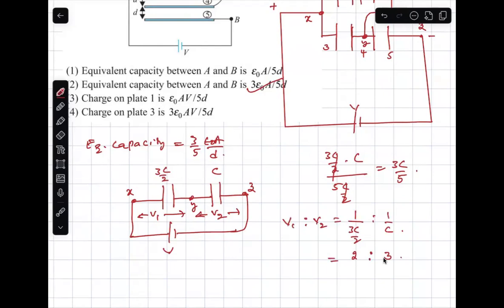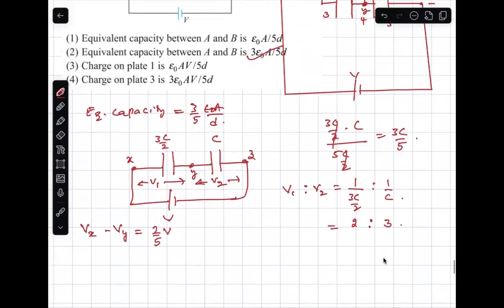So therefore, what is going to be the drop across it? Vx minus Vy is 2V by 5. Vy minus Vz is 3V by 5. Done. Now you want the charges. Hold on.